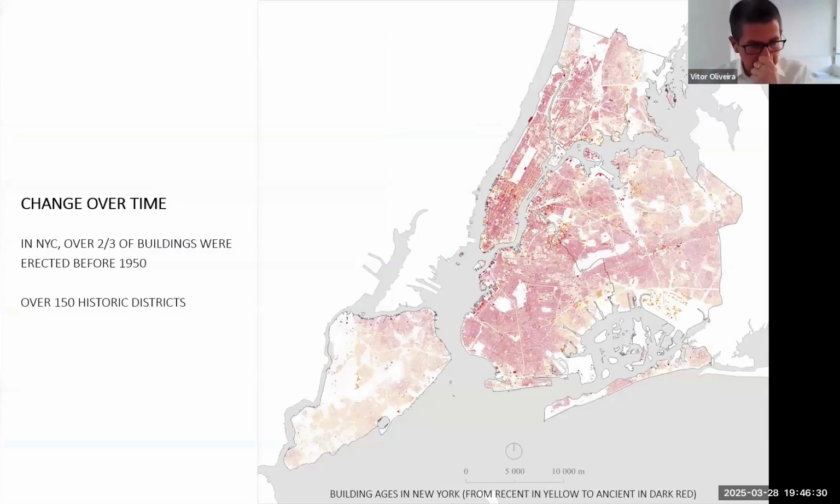Another important issue when looking at these two things, ground plan and building fabrics, is how they change over time. One important number here is that in New York, over two-thirds of the buildings were erected before 1950, which is a very impressive number if we compare to cities that are comparable to New York.